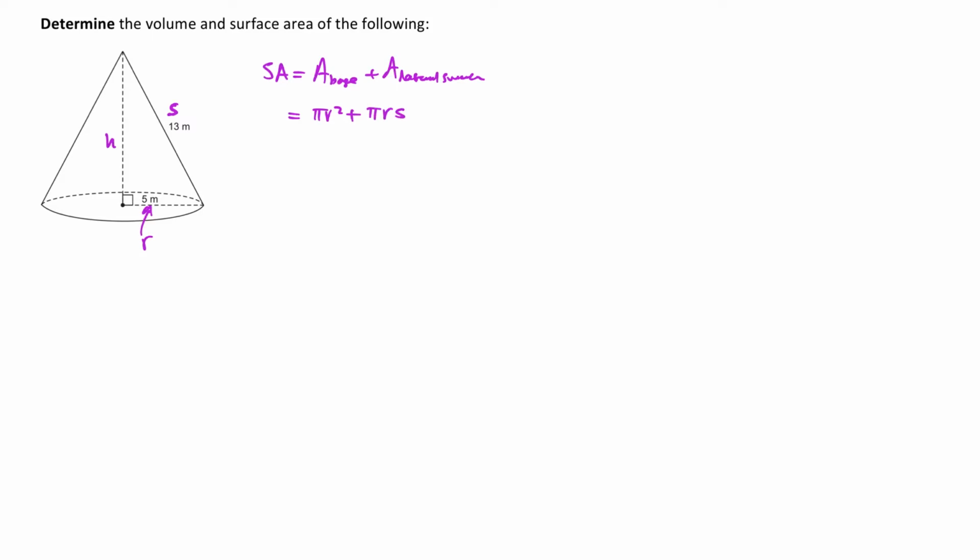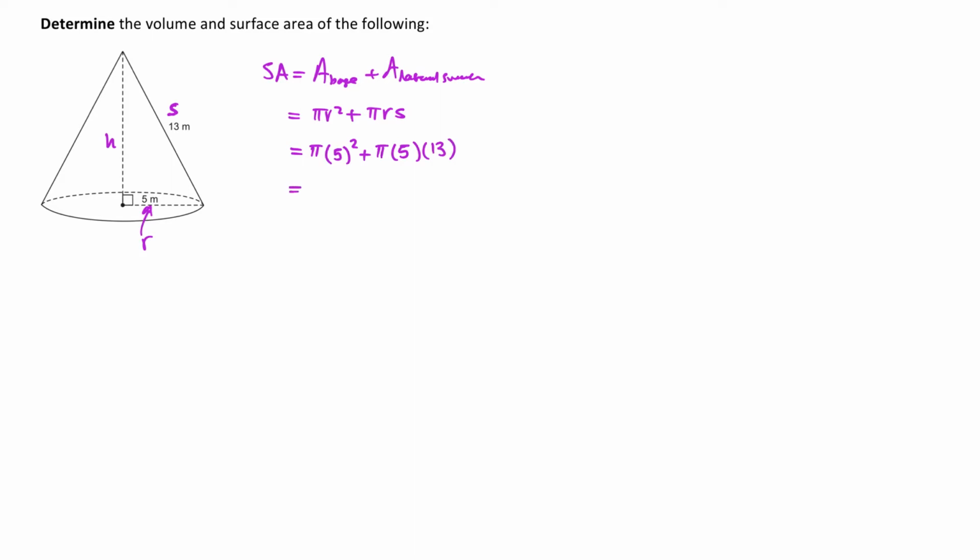We have all the values that we need: r, which is 5, and s, which is 13, and that's all we really need in our equation. So pi, instead of r, I am going to plug in 5 squared, plus pi, instead of r, I'm going to replace it by 5, and S, I am going to replace it by 13.